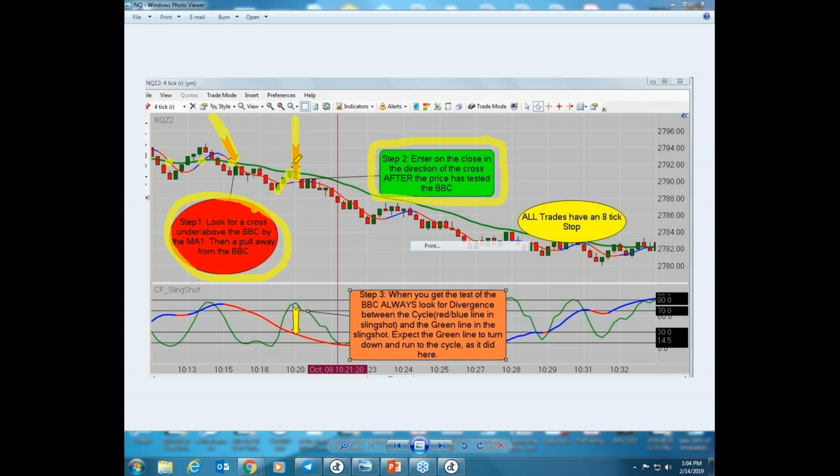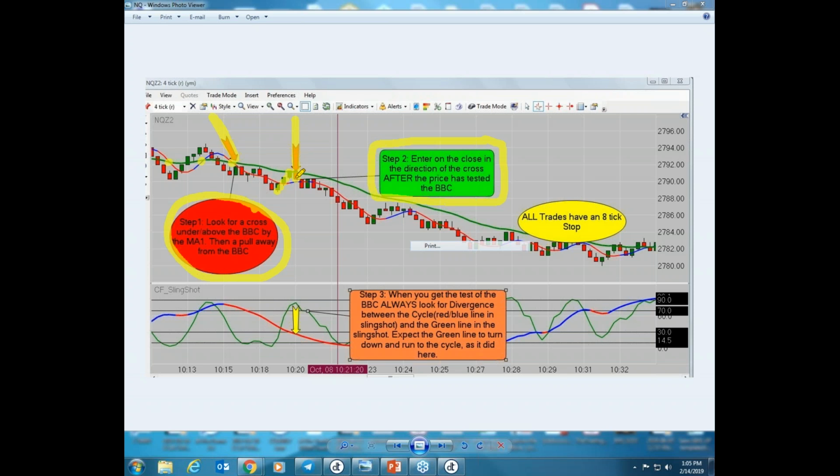That is the one that's highlighted here with the red arrow and red candle. We're looking for that, because that is step number 2. So we're looking for the market to gravitate toward the BBC, touch it, and then close in the direction of the trend.